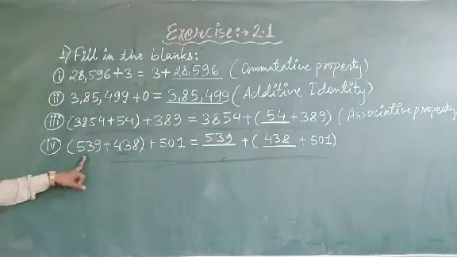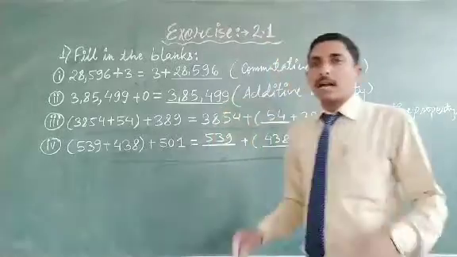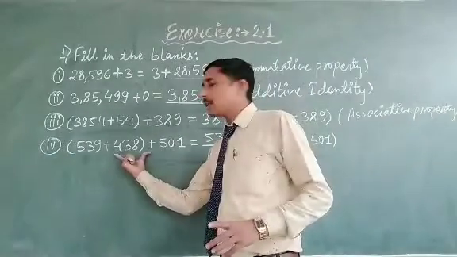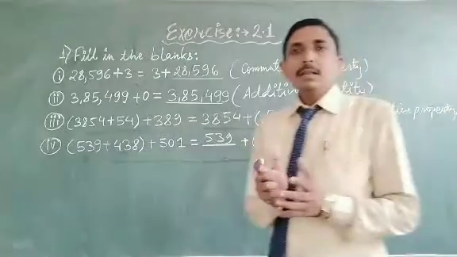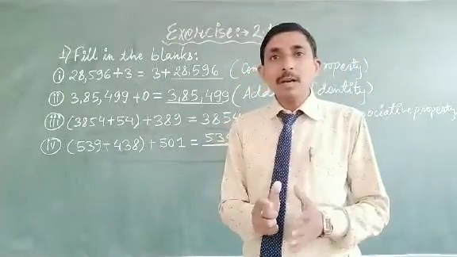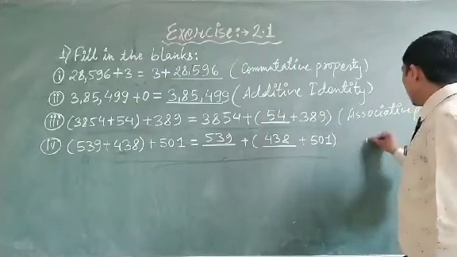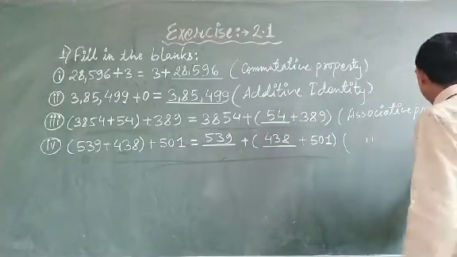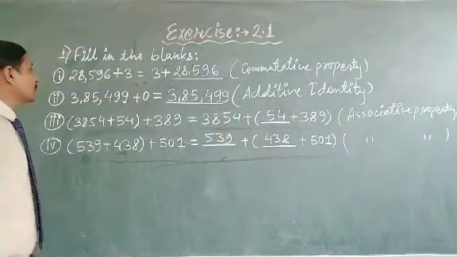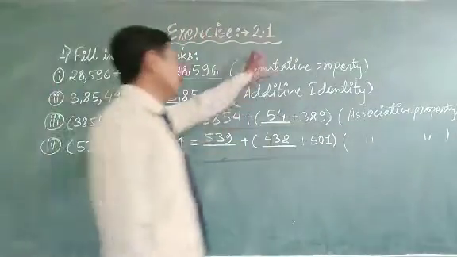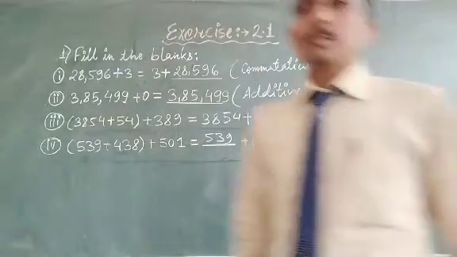In this way, the manner in which the numbers are grouped and added, the sum always remains the same. So this also holds the associative property. In this way, we can easily complete question number 1 by using the commutative property, additive identity and associative property.